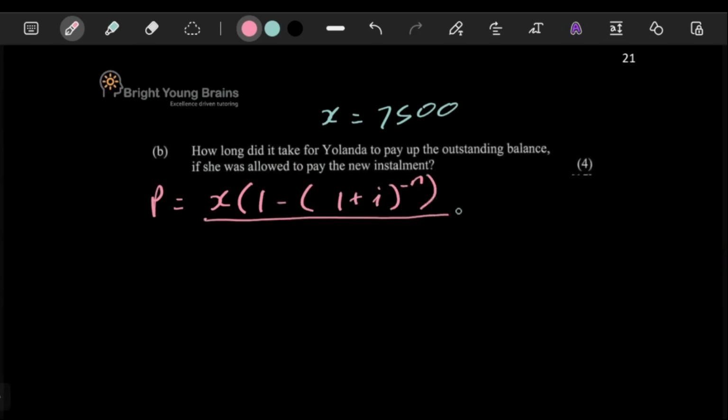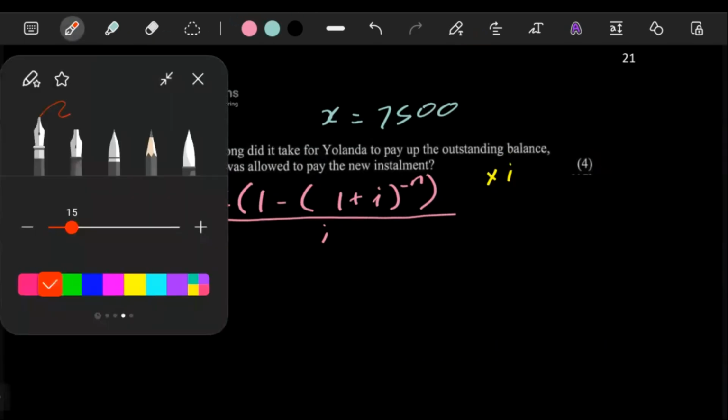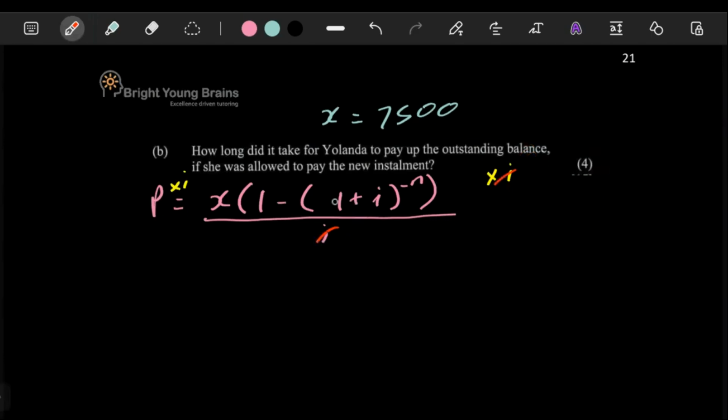That's what I always say you can do when you work out n: isolate n first, because it helps you to not need to round off values. So you times by n times by i, cancel i there, then it's going to be pi times 1 minus (1 plus i) to the power negative n.